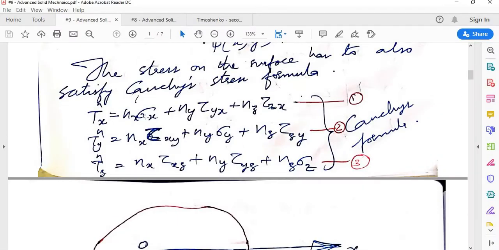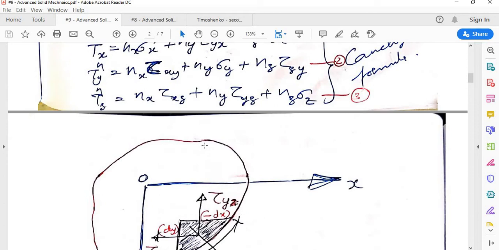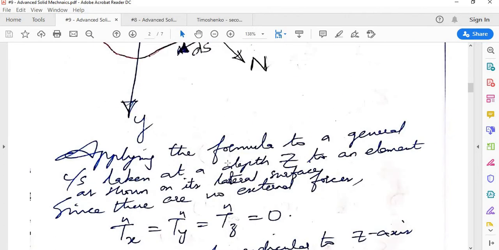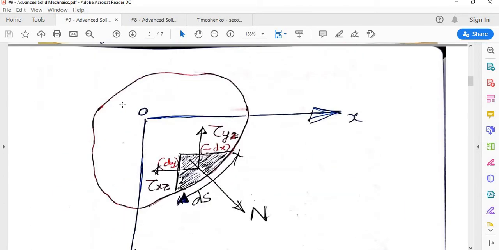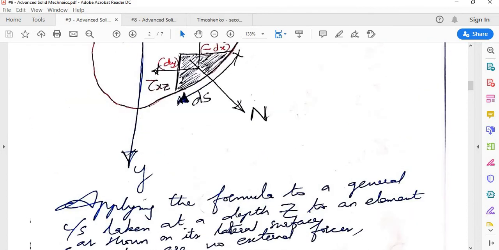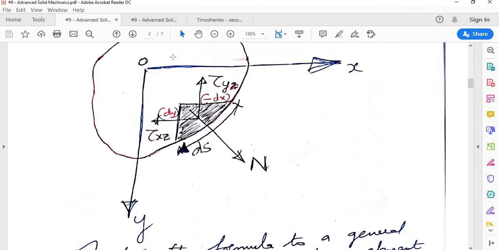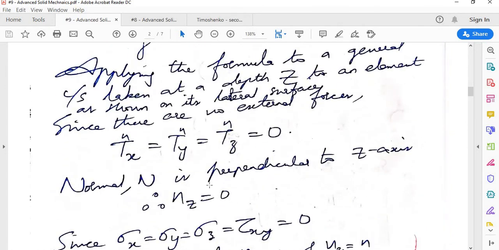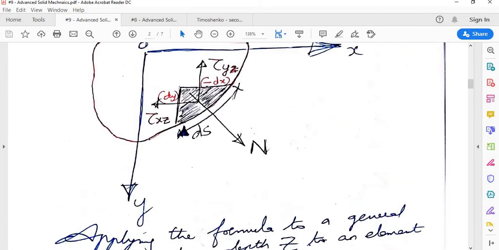Now in this case it is a free surface, there are no forces. So Tx and Ty and Tzn are zero, there are no normal stresses, there is no external force along the boundary. One more thing we can say is, this is the surface, right? On this surface, the outward drawn normal is like this.